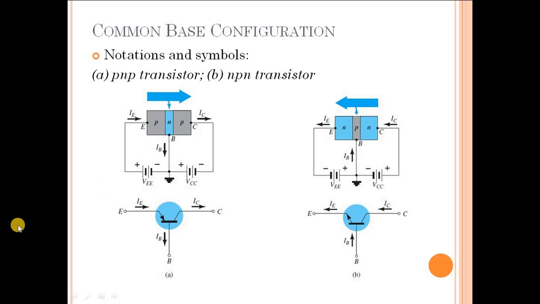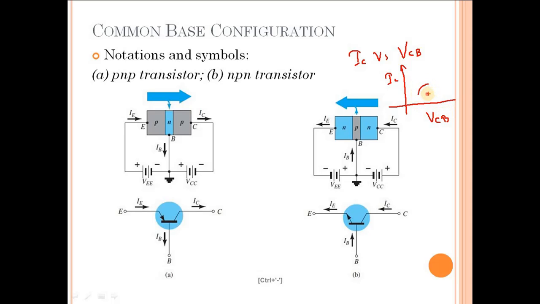The output characteristics of the BJT in common base configuration is a plot between the output current IC versus the output voltage VCB. On the y-axis we have the output current IC, and on the x-axis we have the output voltage VCB, and we do this plot for different values of the input current IE.